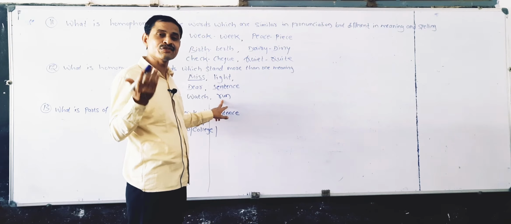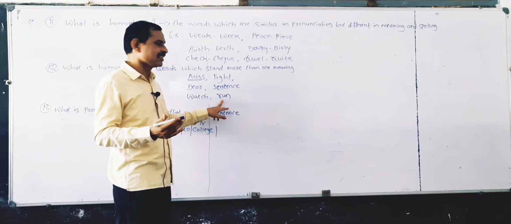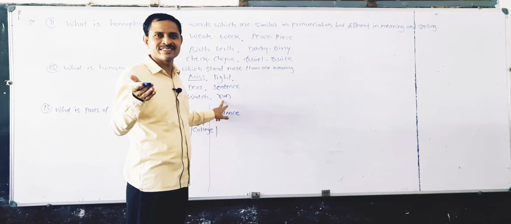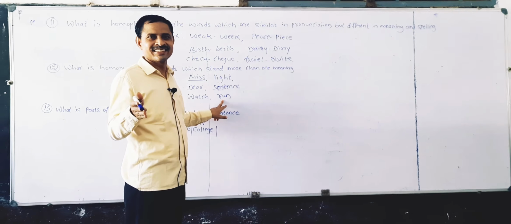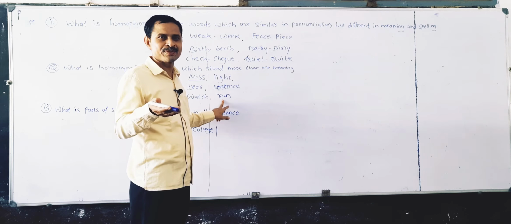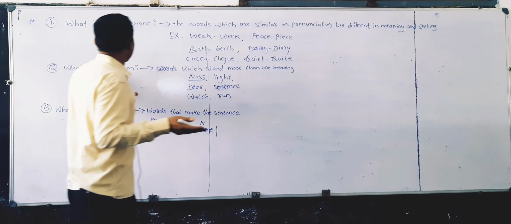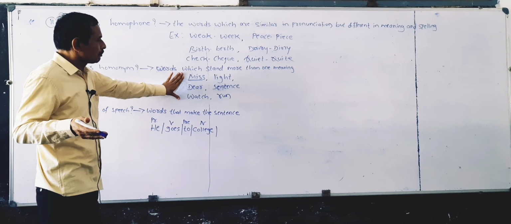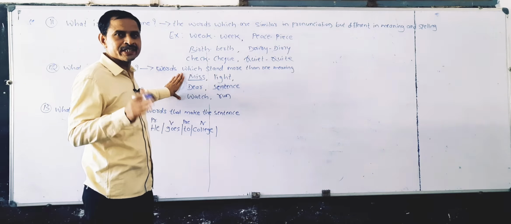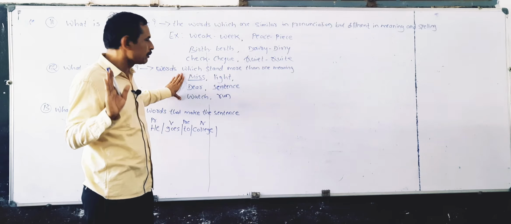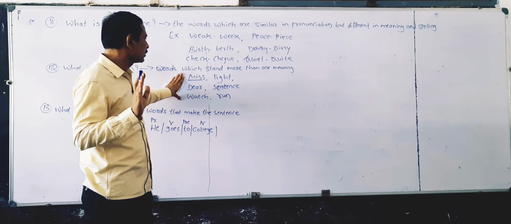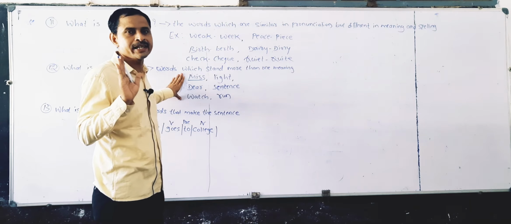Run: he runs fast. He runs a garage. He runs a factory. Thus, there are many words which carry more than one meaning, and we call such words homonyms.